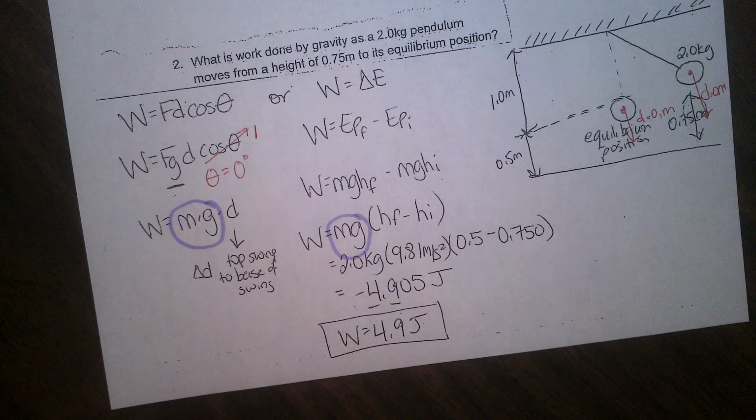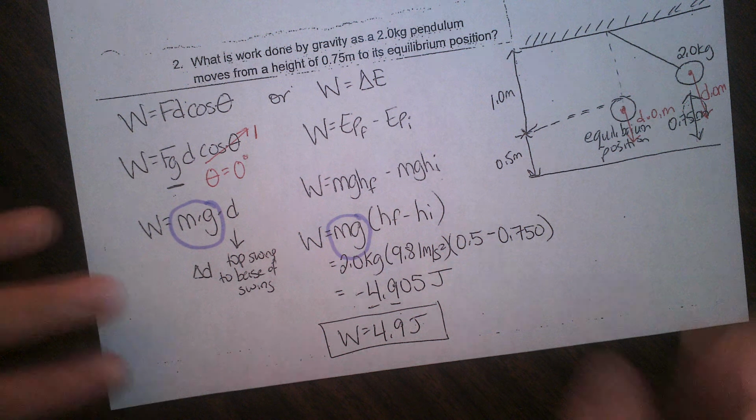Because it's starting from here and equilibrium is straight down. So you would need the change in that distance from the 0.75 to the 0.5. Okay, so it ends up being the same formula.